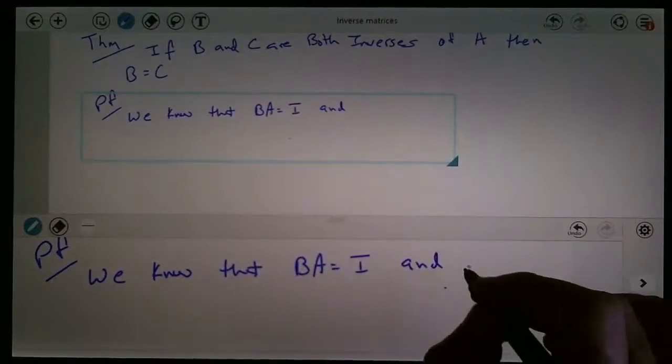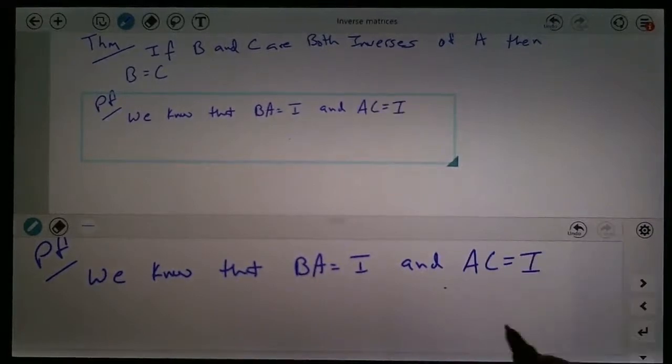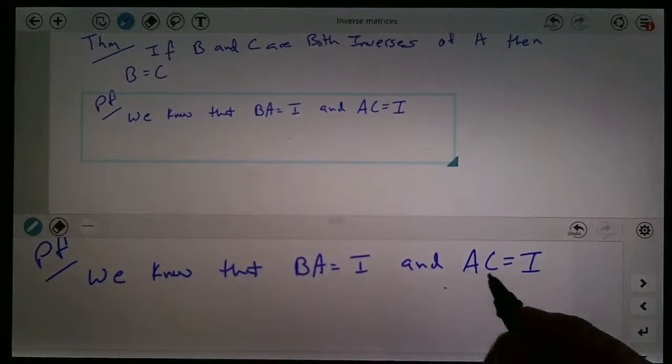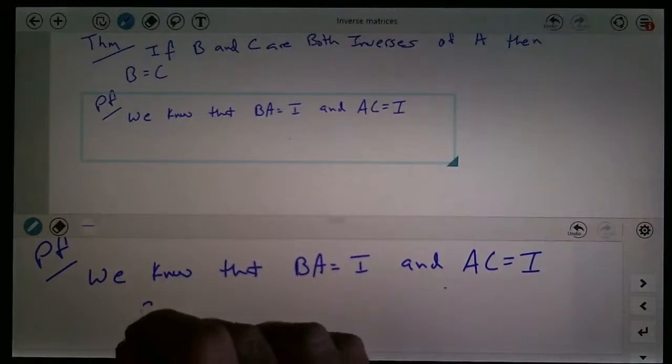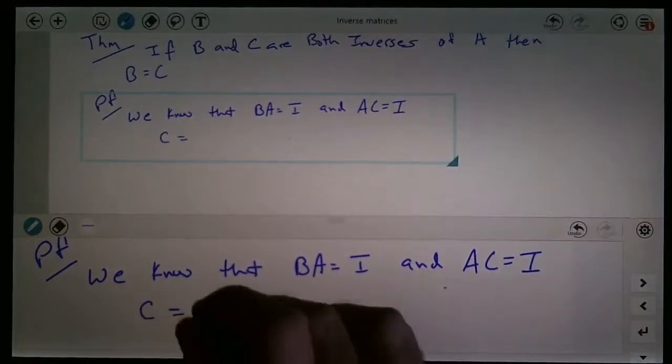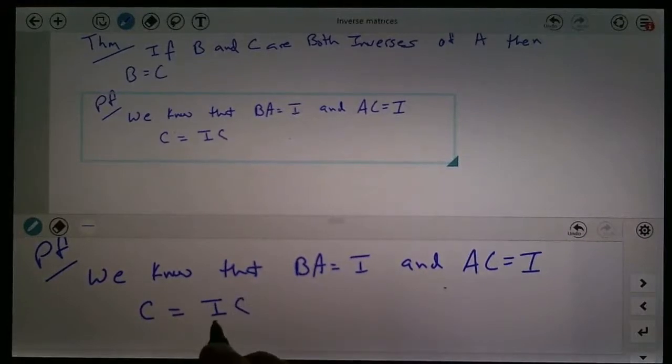Likewise, we know that A times C is equal to an identity matrix because they're both inverses of A. What I wanted to do is show that B actually equals C. Okay? So let's just start off here with C. And I want to note that C is equal to I times C, where I is an identity matrix.